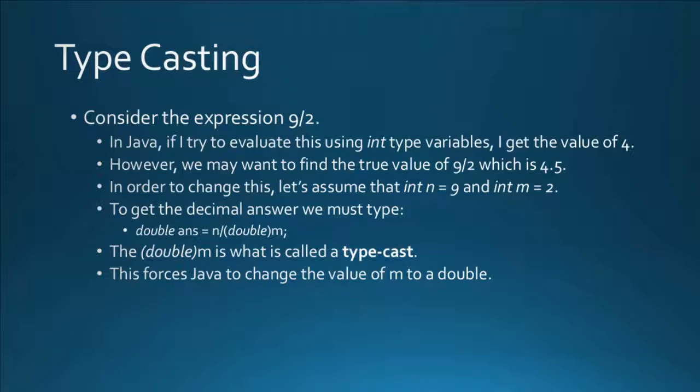If we want to get a decimal answer, we must type double ans = n / (double) m. The (double) m is what is known as a typecast. This forces Java to change the value of m to a double. So if we look back at that example I gave the other day with 10 divided by 3, we could do the same thing here, except we would change n to 10 and m to 3.